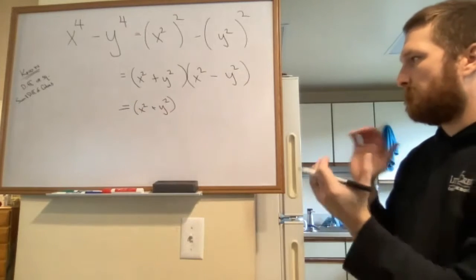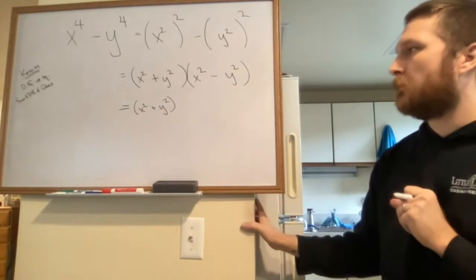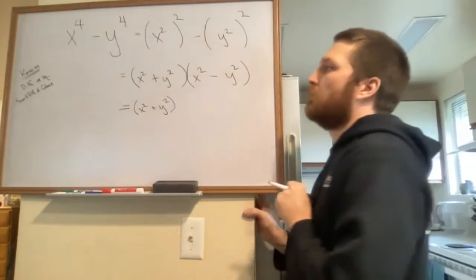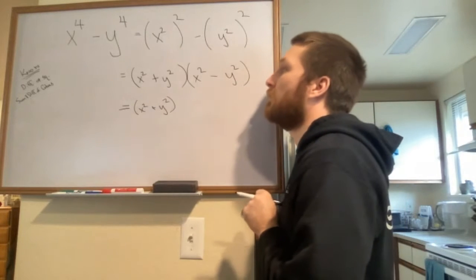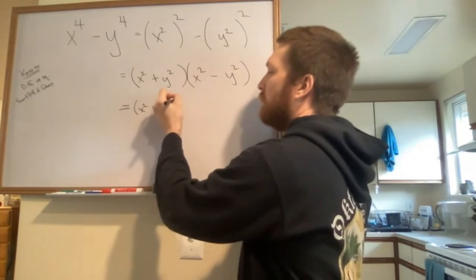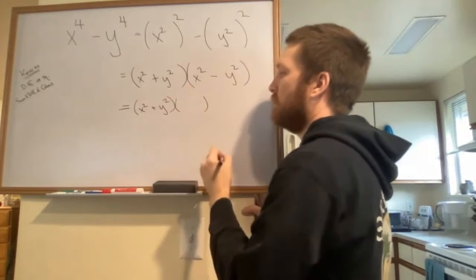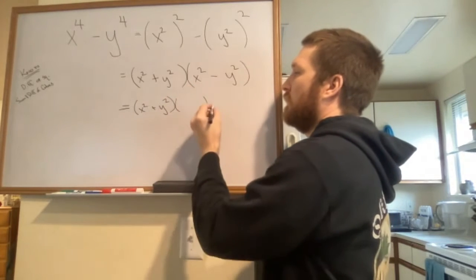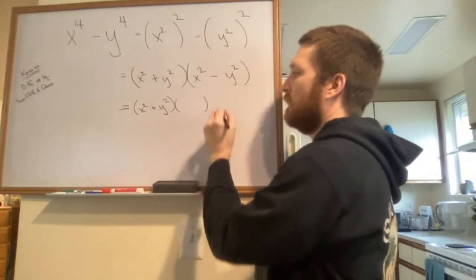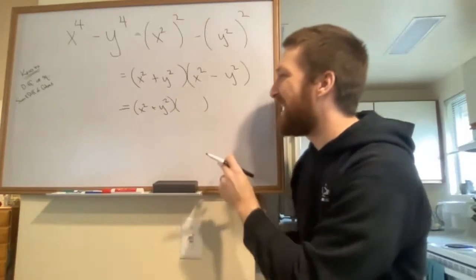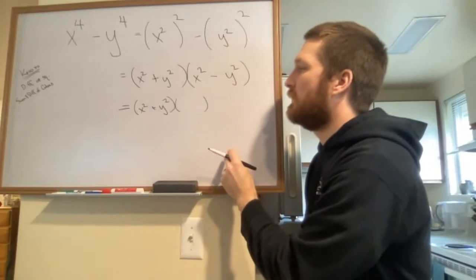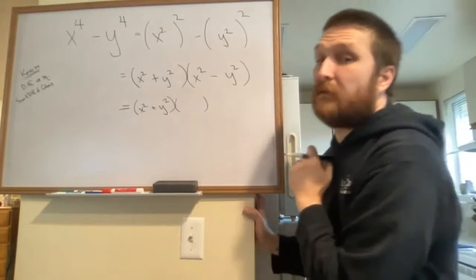You have your big parentheses, and then you take x. What do I write? Well, don't you have your bigger parentheses? Oh no, I'm looking at the wrong thing. Sorry. Yeah.